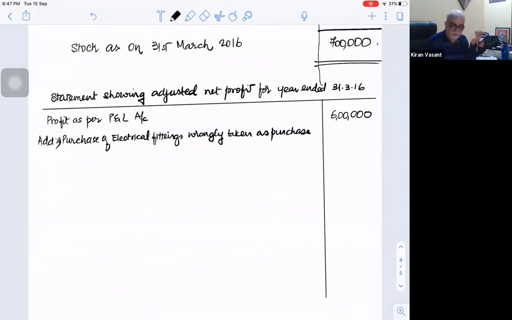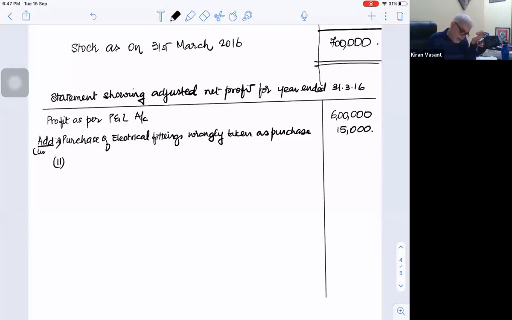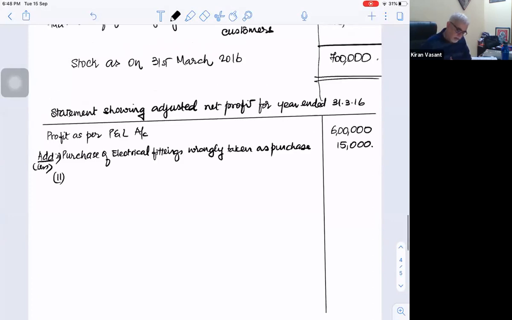What is the value? 15,000. Add or less, Pratik, I can put add or less in brackets there itself. You understand? You don't have to write add first, less afterwards, nothing like that.